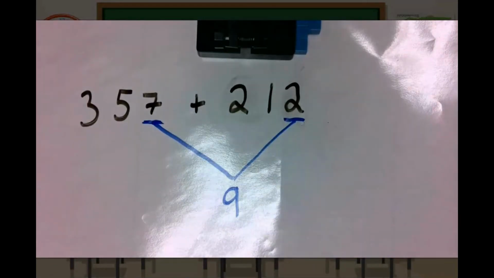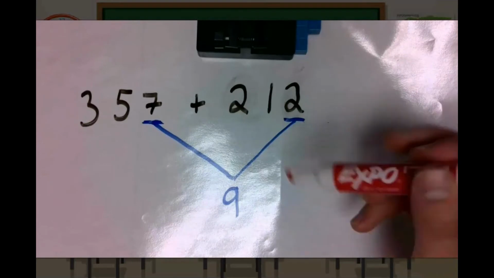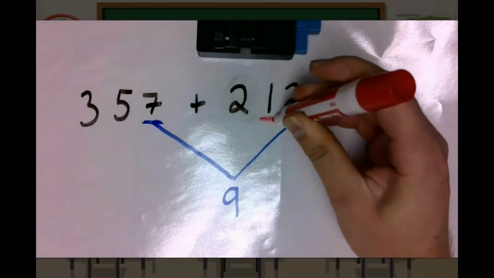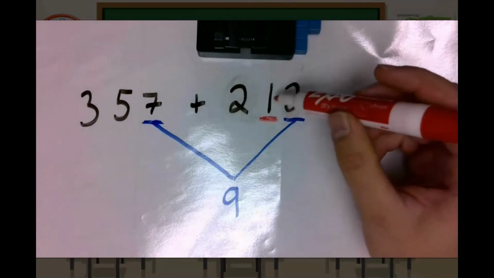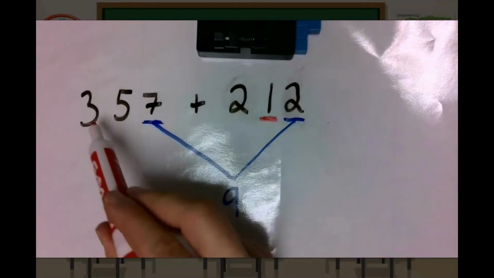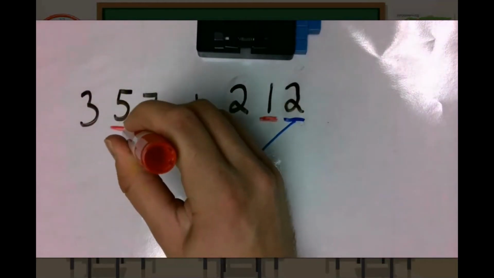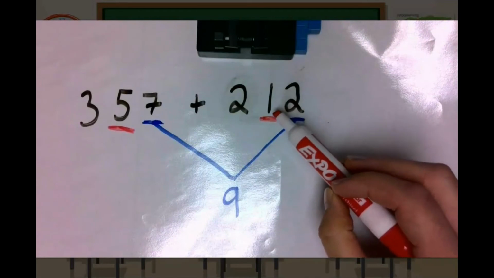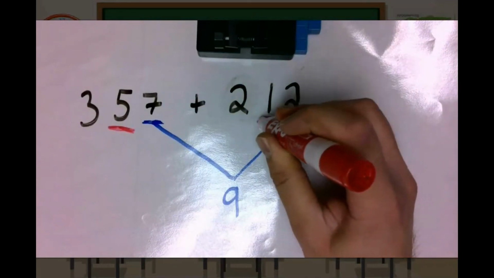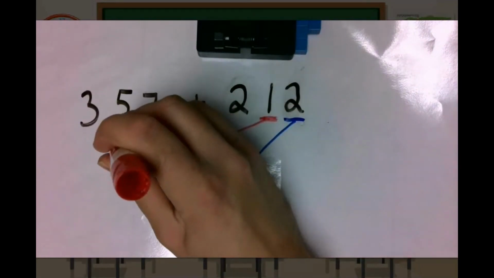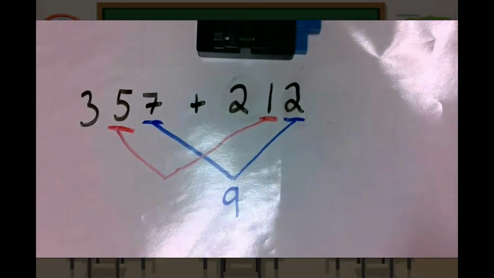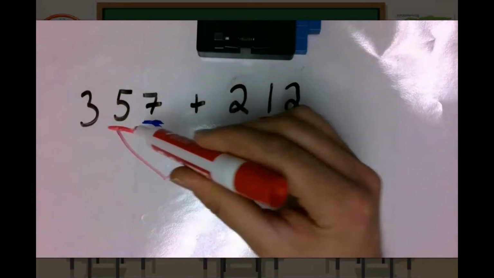Okay. Now we need to go to the next place value, which is the tens. So the middle number here is the tens, in this number and in this number. But is it really 1? We're going to add it together, so let's do our W strategy. Now, it's not 1 plus 5.